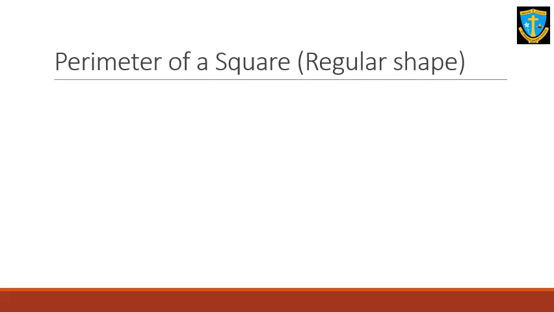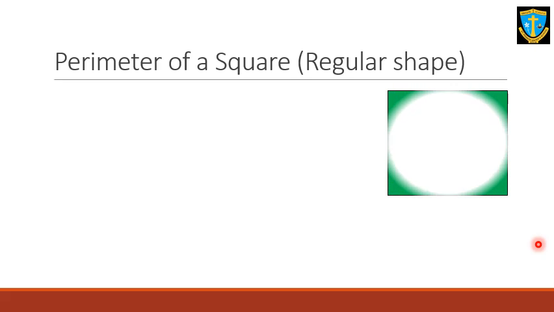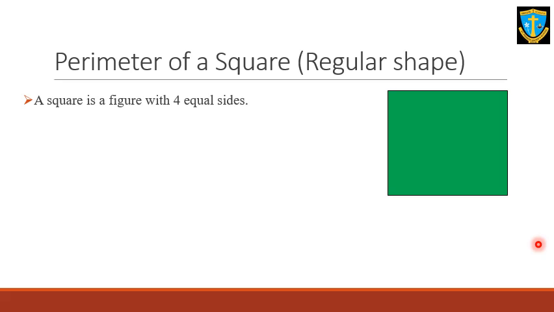Let's now learn about some formulas for regular shapes. First regular shape we are going to learn is the square. Since we have seen already that a square has equal lengths, the length measures the same. A square is a figure with 4 equal sides.